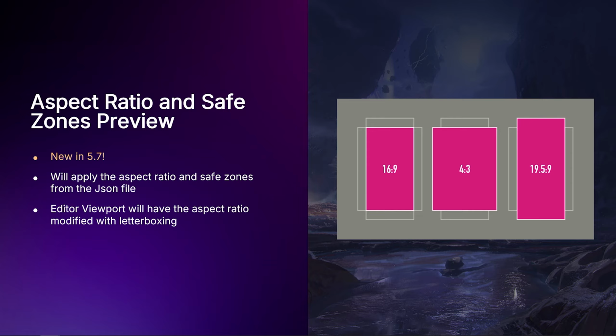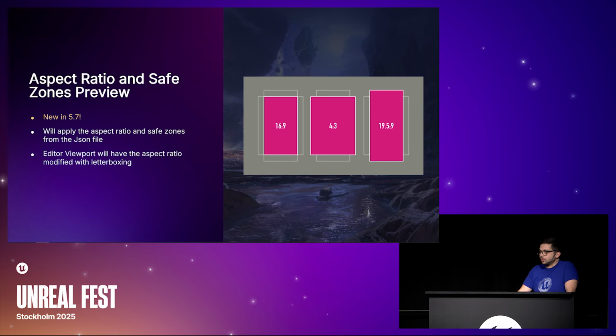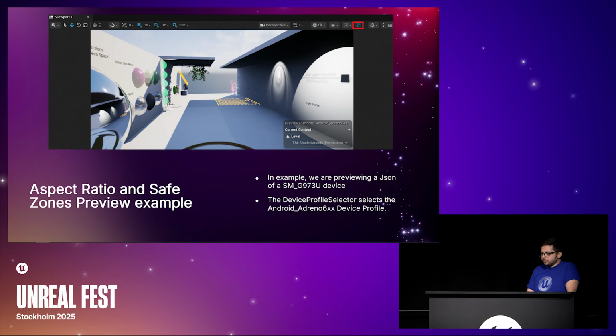The editor viewport will use letterboxing on the left and right, or top and bottom, of the viewport to actually simulate this. This is important again to help you see better how your content will look in the editor preview, and how it will look on the target platform you're trying to target, like Android, iOS, and so on.